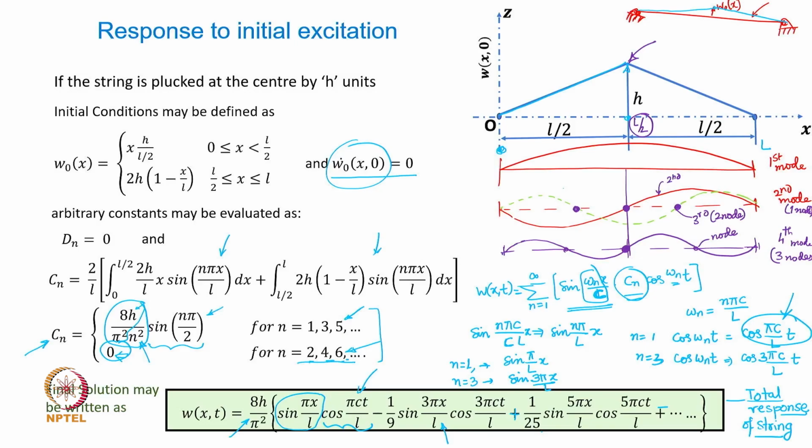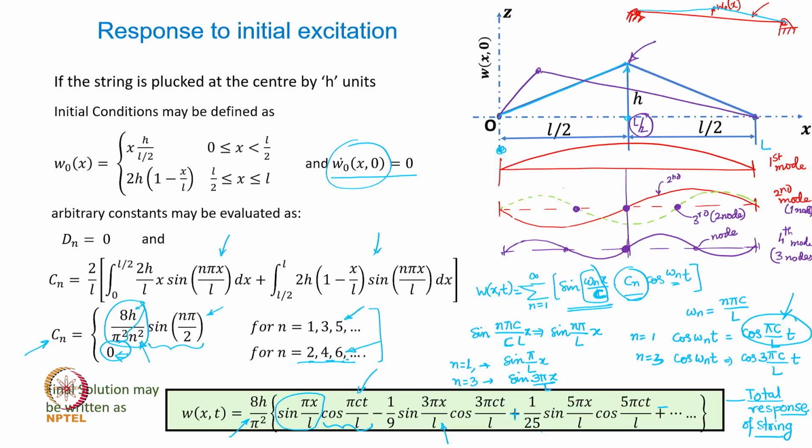This is the reason why in this particular case the initial displacement given is such that those modes cannot get excited. Now it will be left to you as an exercise to find the corresponding response if I stretch the string initially like this rather than from the center.